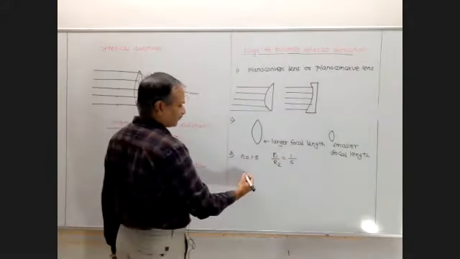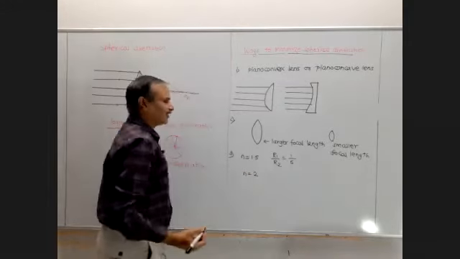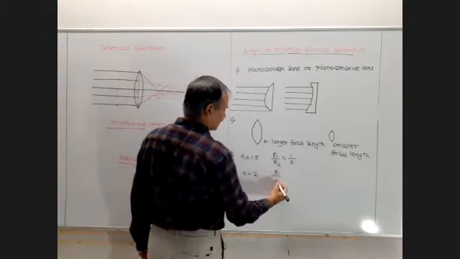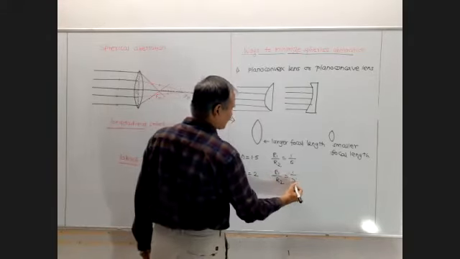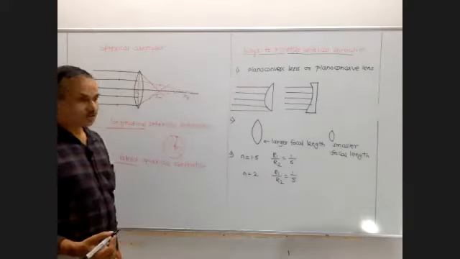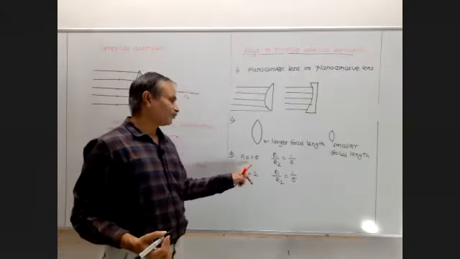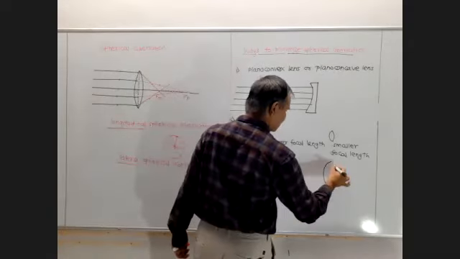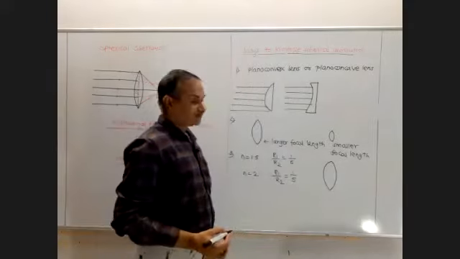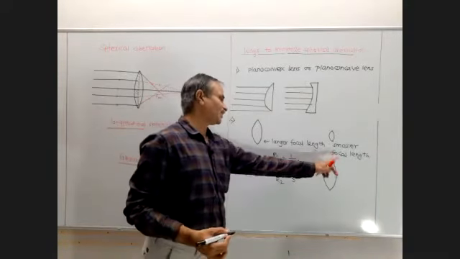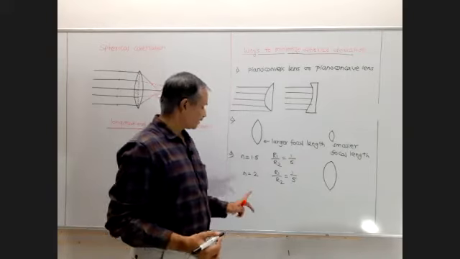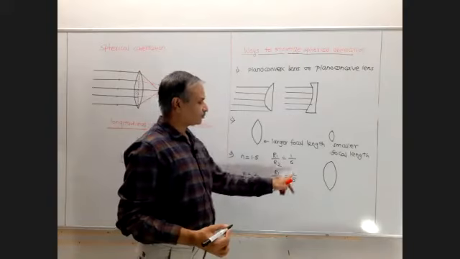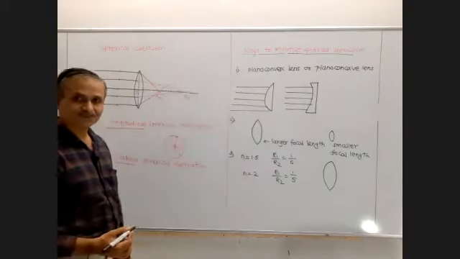And suppose if you prepare the lens by having the refractive index 2, then radius of curvature R1 upon R2 is 1 upon 5. So for the refractive index 1.5, suppose if you use this as a biconvex lens, then the ratio of radius of curvature of first and second should be 1 upon 6. If you use n is equal to 2, then R1 upon R2 should be 1 upon 5.